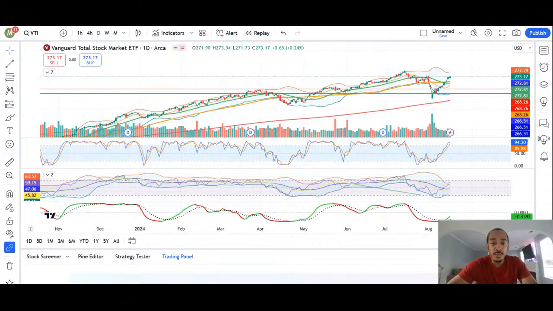But also if it's closer or touching this bottom line down here, the bottom dotted line within this blue area is oversold, meaning that the direction is going to change. And when it's at the top line, it's overbought. So we are pretty much overbought, and it looked like it could be going in another direction. This is the total stock market.